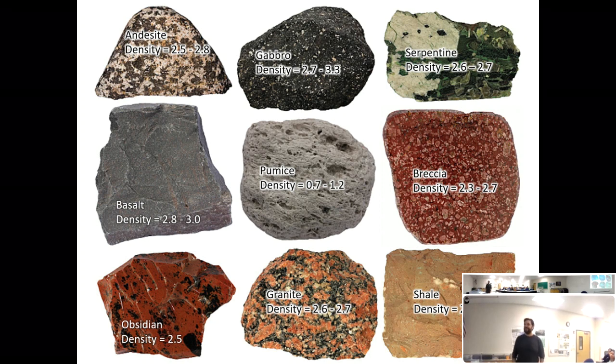All right, there's just some densities of different rocks. Notice how pumice is the one that's less than 1. So you can take pumice and it'll float in water, right? In case you've never seen that before, people are amazed. It's a floating rock.